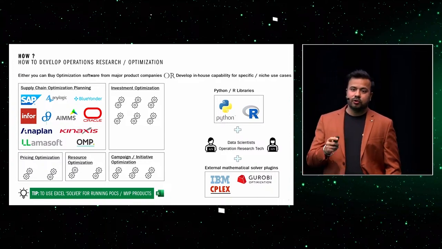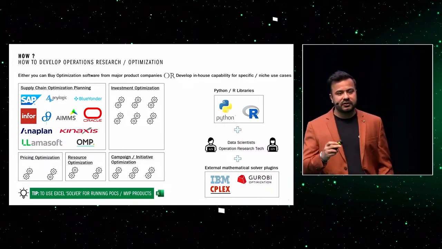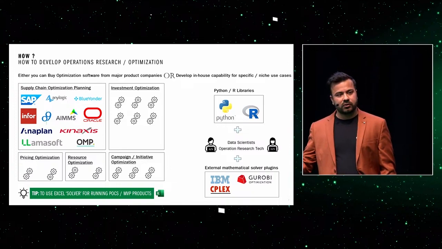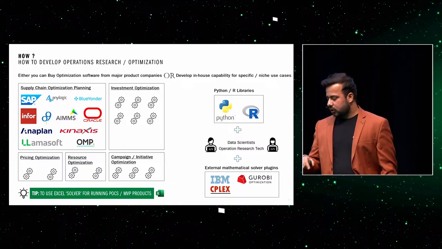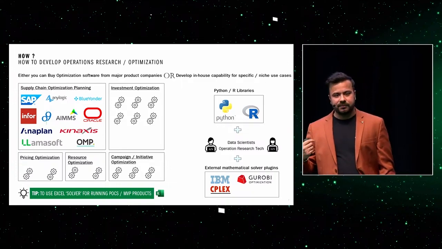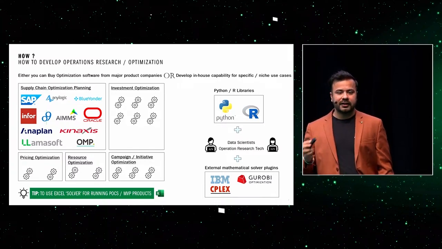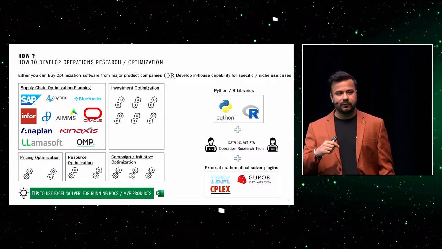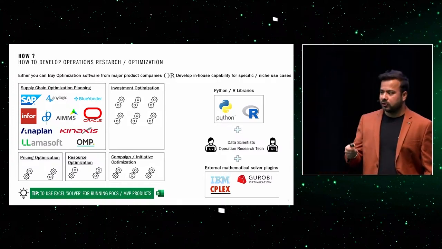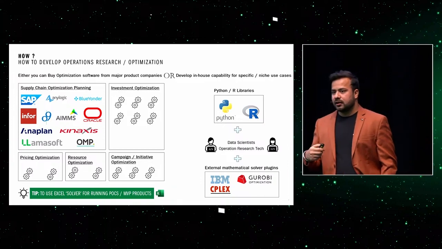But at the same time, you also need one more flavor, which is external mathematical solver plugins. I have listed these two companies, CPLEX and Gurobi, because they have the biggest market share for creating such plugins, which you can directly integrate with your product and solve your optimization use cases.